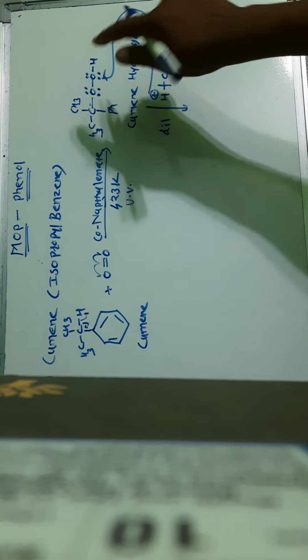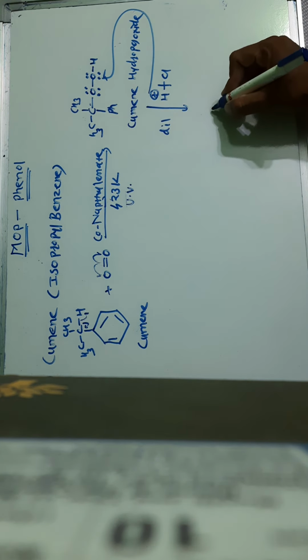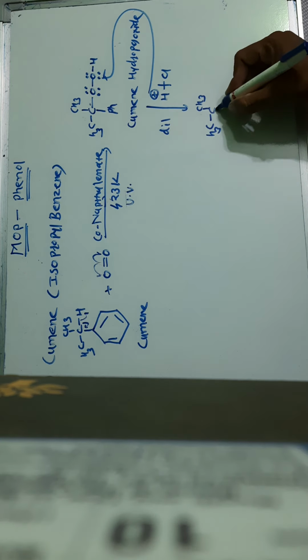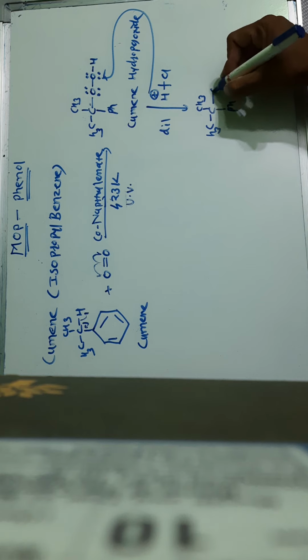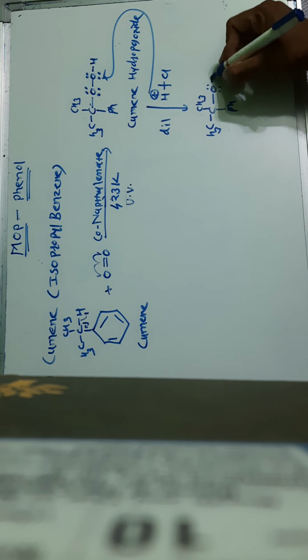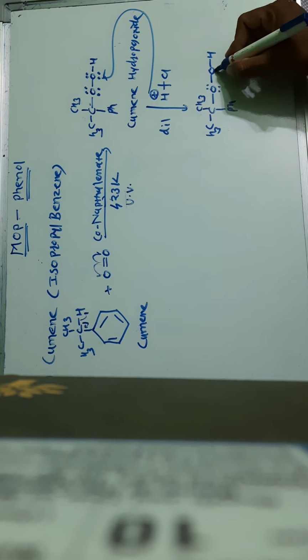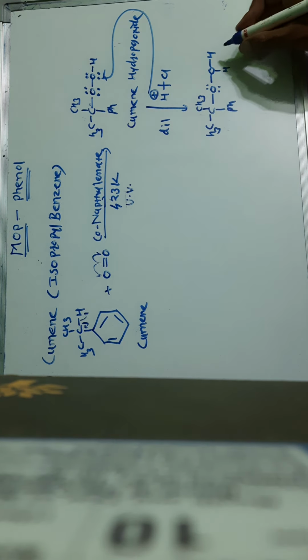If this H plus ion attacks this oxygen atom, then we can see CH3, CH3, Ph, oxygen, hydrogen. The H plus ion attacks this oxygen, abstracting a lone pair of electrons.